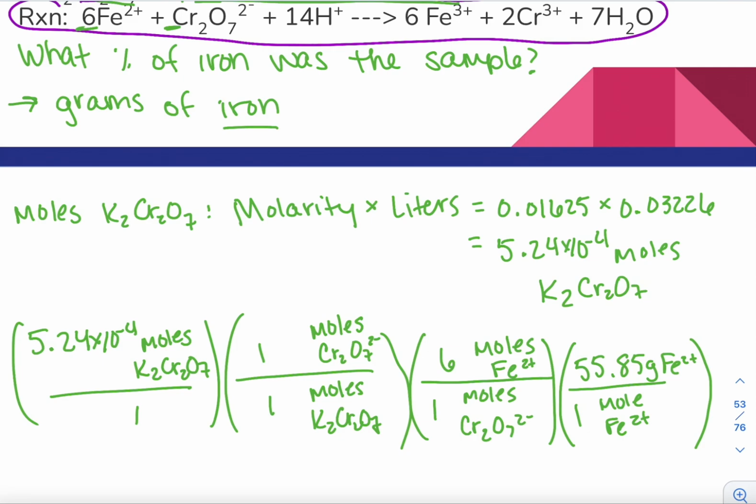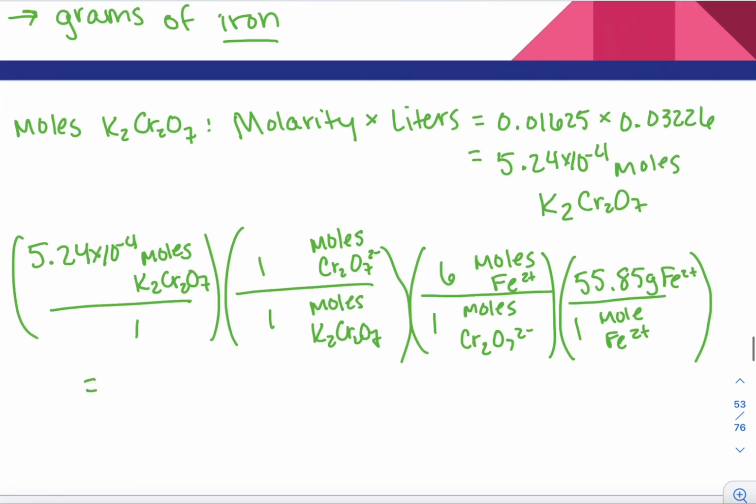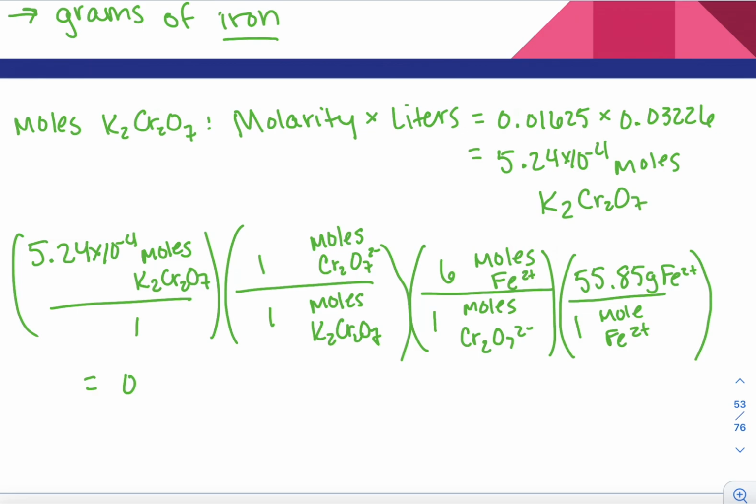So we can use that mass for the ions as well. So that gives us .1758 grams of Fe.